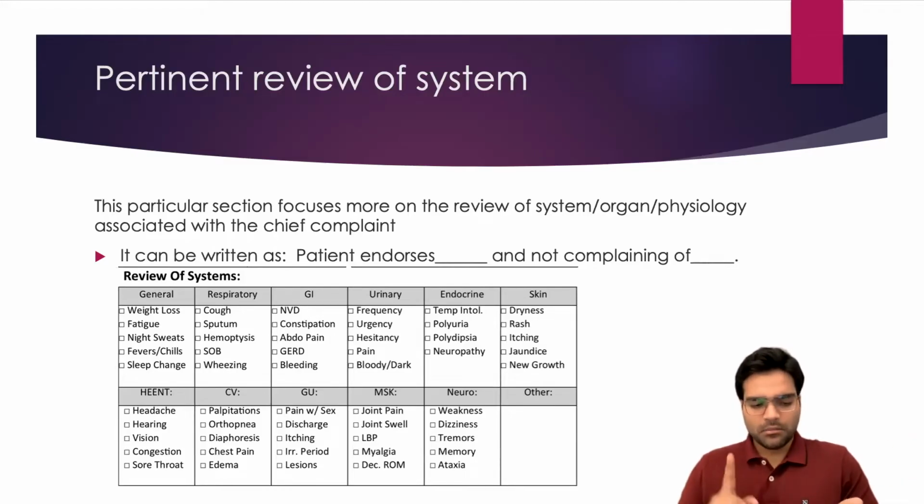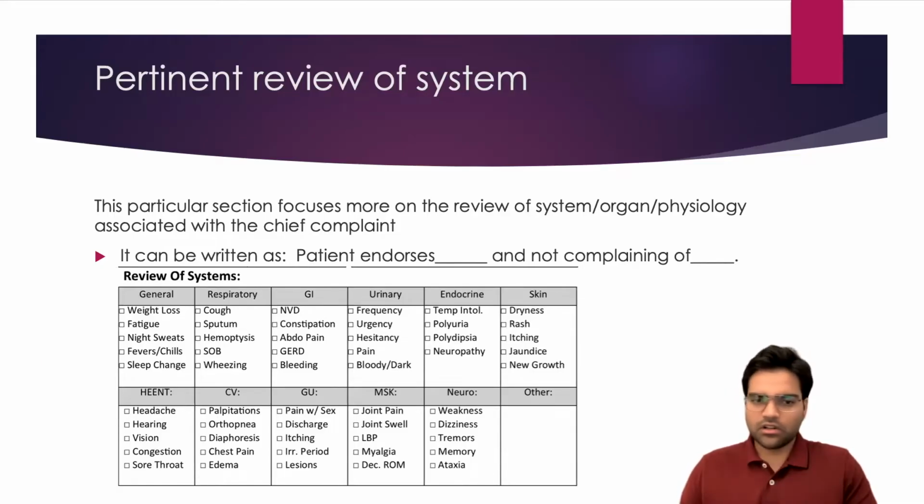So review of system: the patient is not endorsing any nausea or vomiting, but the patient is endorsing palpitation, diaphoresis, and shortness of breath, but he's not endorsing any burning sensation or epigastric pain in his chest, and also not endorsing any sudden loss of consciousness or weakness or dizziness or tremors.